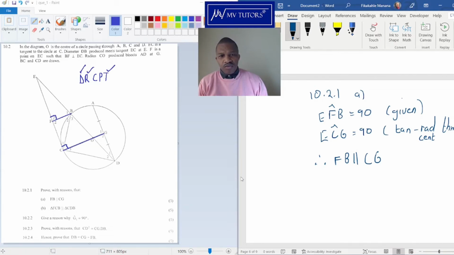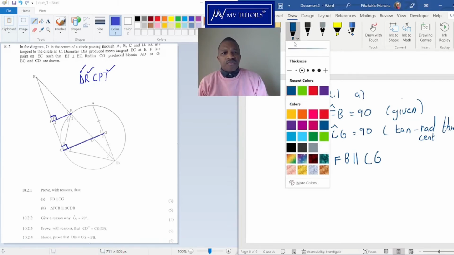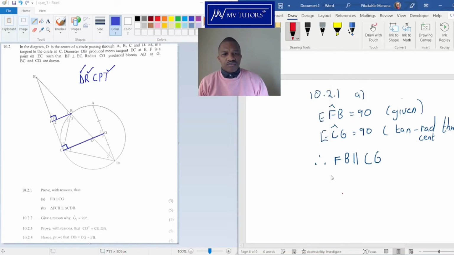Cool. Now we need to prove that the triangle FCB is similar to the triangle CDB.